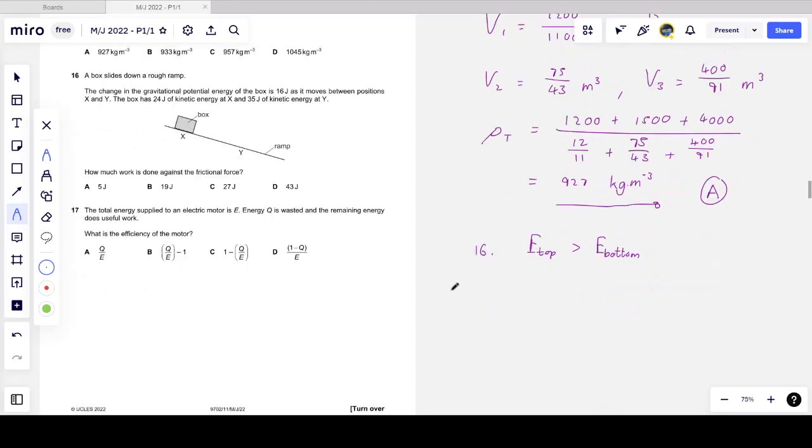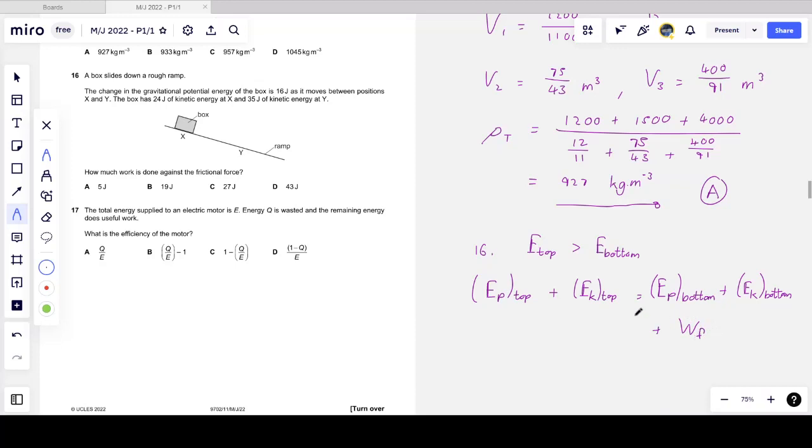So energy is lost as friction does work. If I apply the work energy theorem, the potential energy at the top, which is all gravitational potential energy, plus the kinetic energy at the top, must equal the gravitational potential energy at the bottom plus the kinetic energy at the bottom plus another term, which is the work done due to friction.